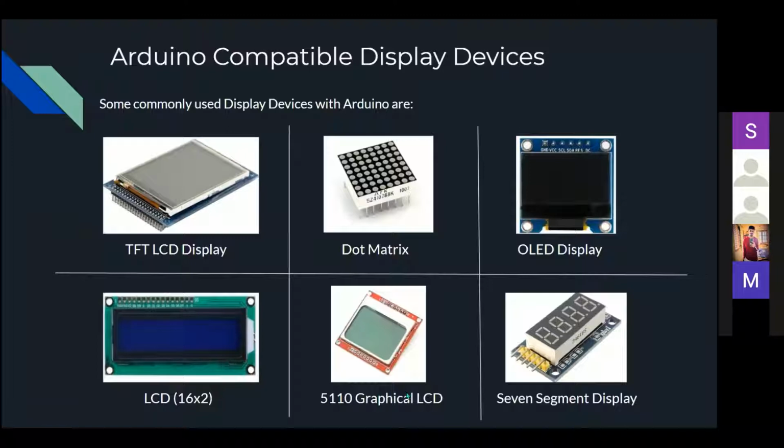The next one is the 5110 graphical LCD, which is an improved version of the normal LCD, with more accessing features compared to the normal LCD. And the last one is the seven segment display.